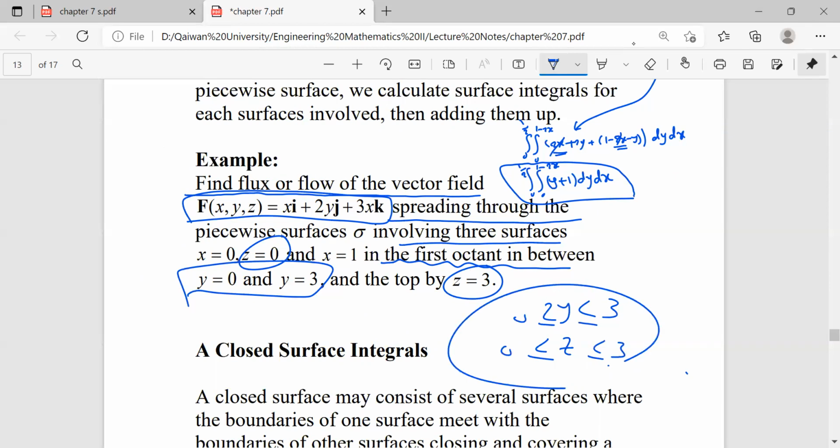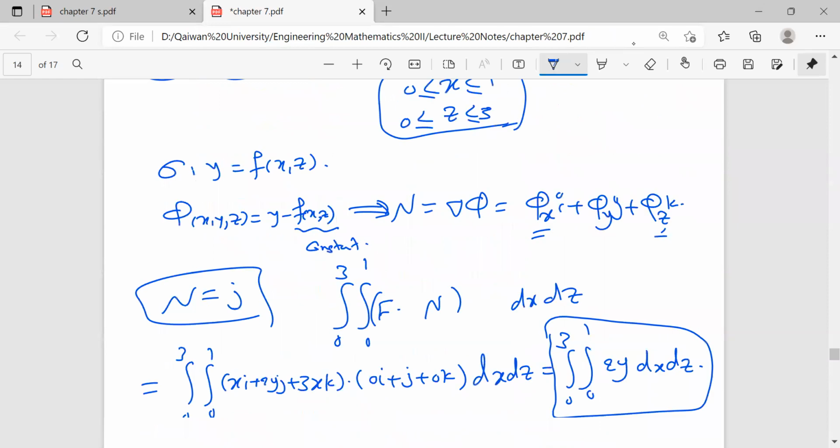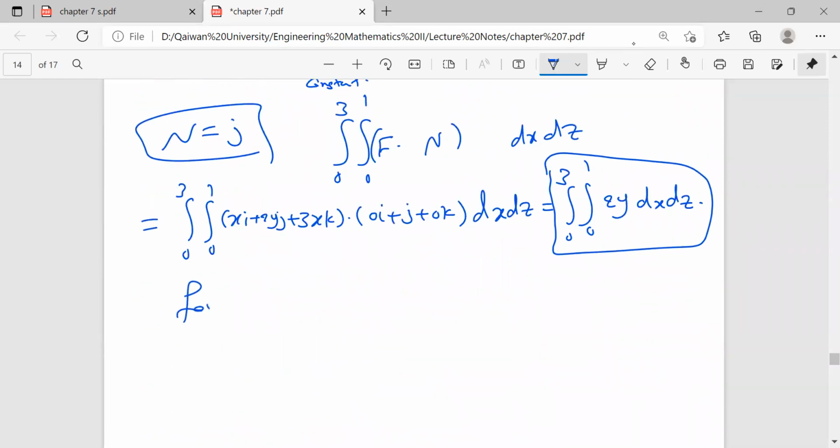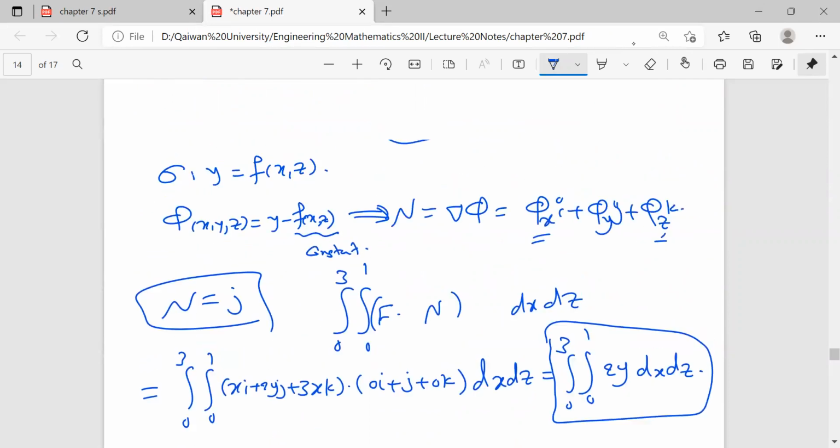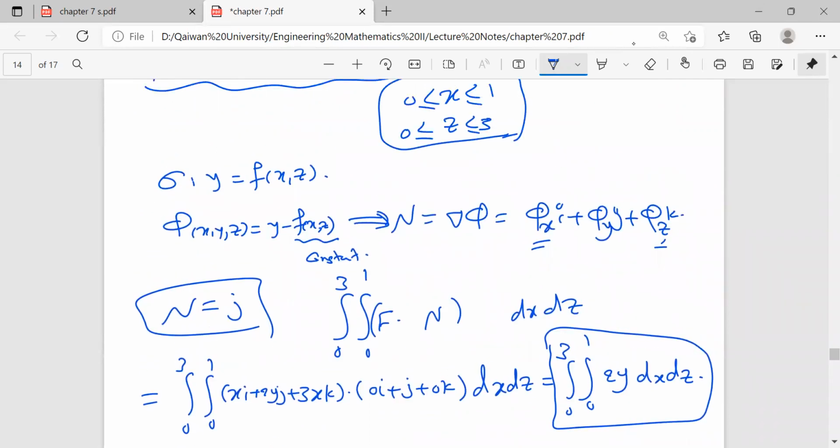That means the normal vector is only i. We do the same as we did before, where we got n equals j in the previous step.